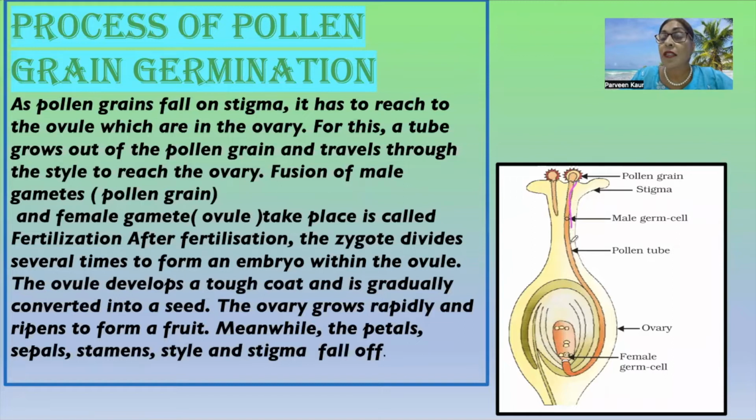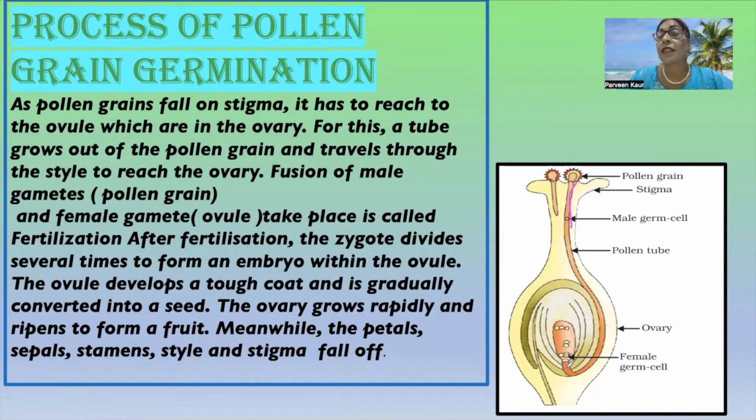This tube travels through the style and then enters the ovary. The pollen tube carries two male gametes. One male gamete combines with the female germ cell, or female gamete, and this fusion of male and female germ cells is called fertilization.